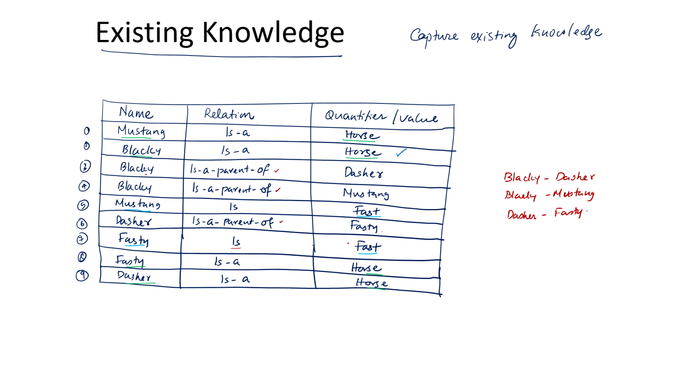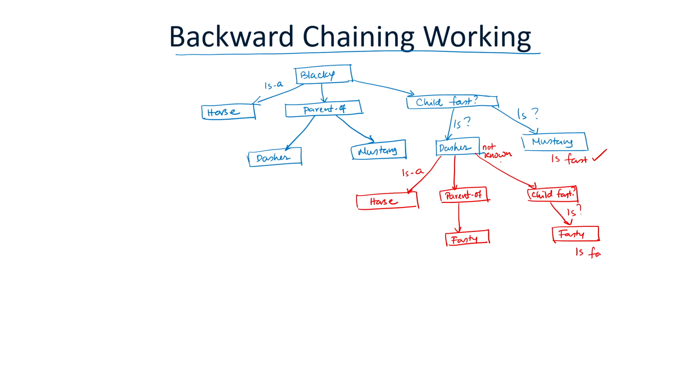It is given. So, we know it is fast, and there is no other option to go below. So, you can see that there are actually two children, Fasty and Mustang. One is the child of Blackie, another is the grandchild of Blackie, and both are fast.